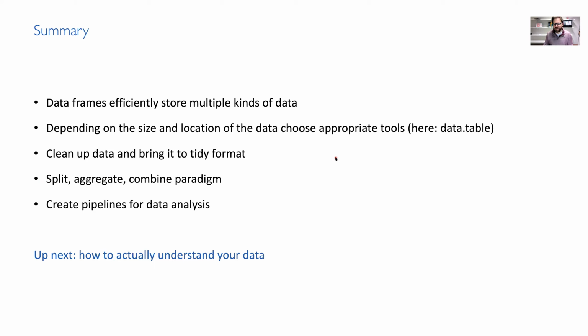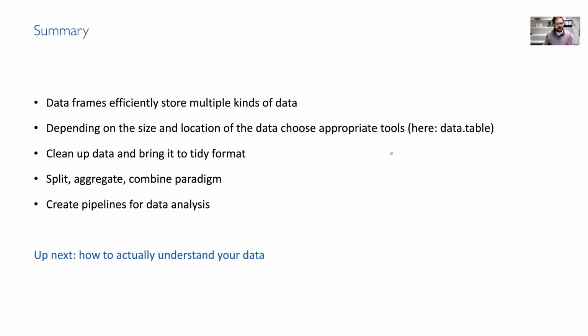And the package that I showed you here allows you to do all of these steps in a single, very short line of code. And finally, I showed you how pipelines actually help you to structure your code if it gets very complex, which is usually the case.